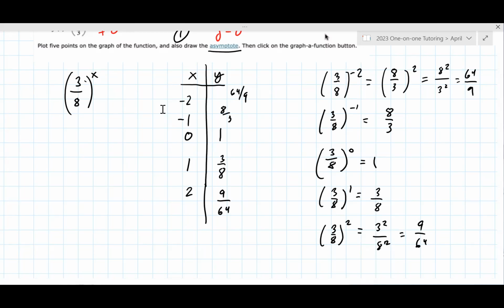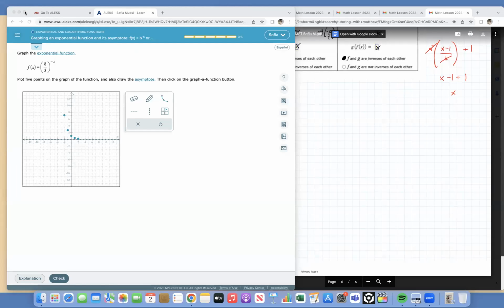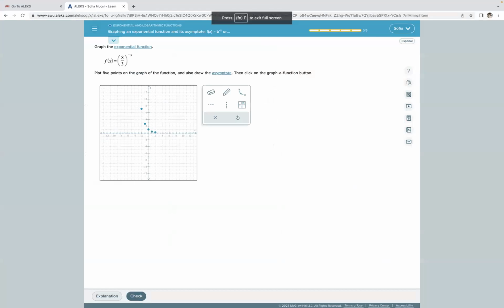I'm happy to follow your work if you want, but this is it. Okay. I will share my screen. This is what I have right now. Looks okay to me.